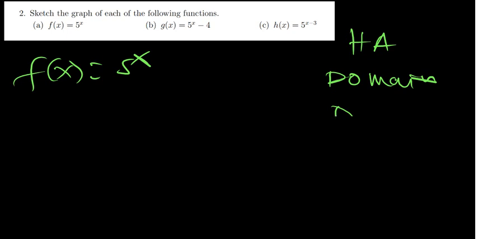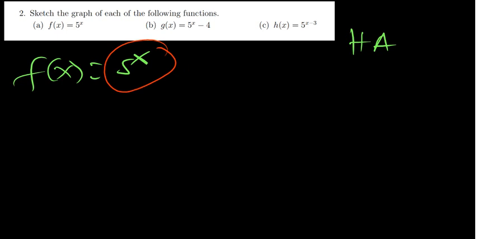We're going to talk about the domain, but for now what we have to know is that exponential functions have a horizontal asymptote. Now in this case, how do we get the horizontal asymptote? Here we can say there is plus 0. If there is nothing here, you only have an exponential, meaning the horizontal asymptote is 0.